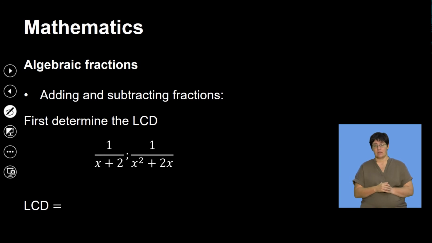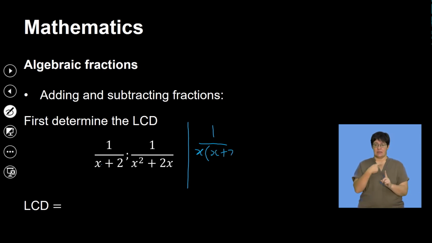Now also, another example is I have 1 over x plus 2, and 1 over x squared plus 2x. Firstly, I must simplify this. It becomes still 1 over x plus 2. I'm going to leave that. But this one I must simplify to x into x plus 2, right? So you can already see that the x plus 2 is already common.